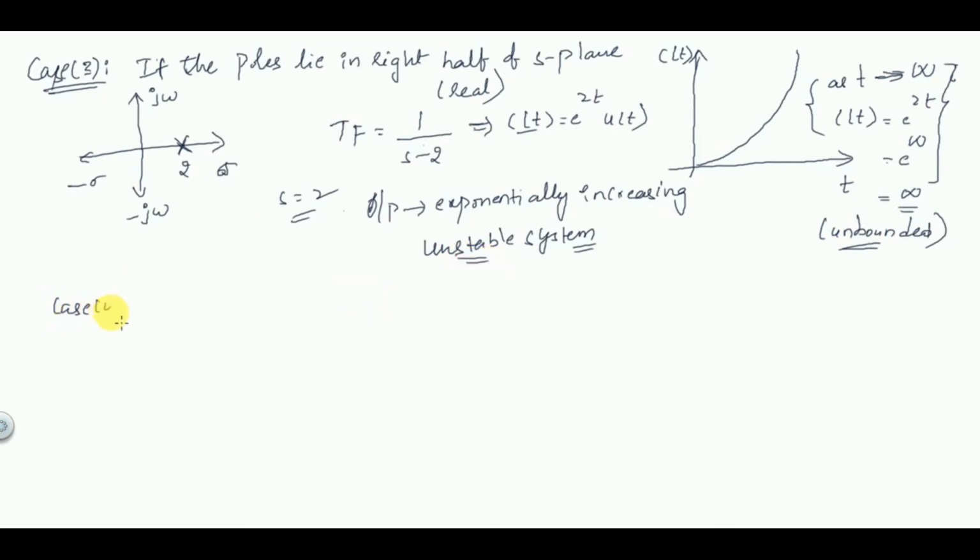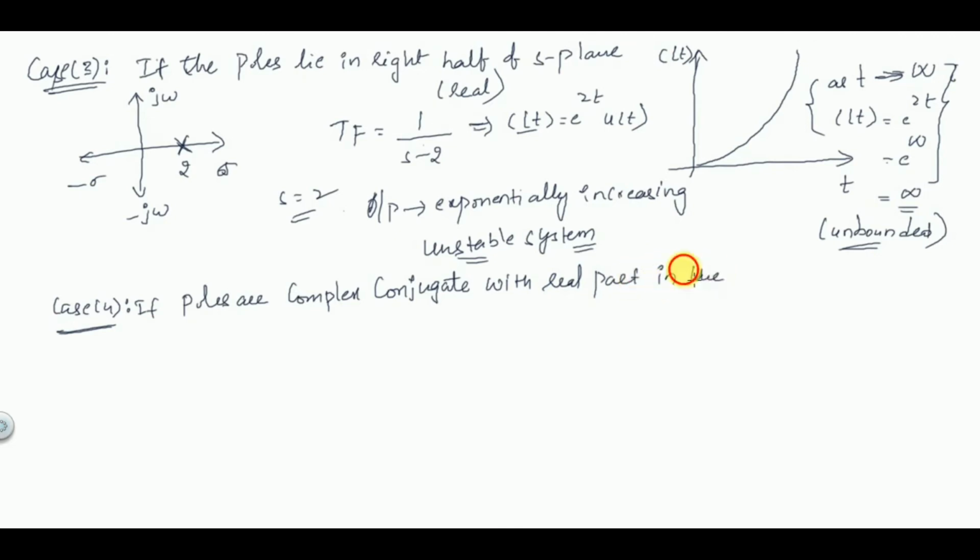Next, case 4. The poles are complex conjugate with real part in the right half of S-plane.